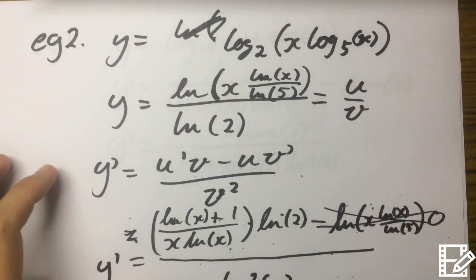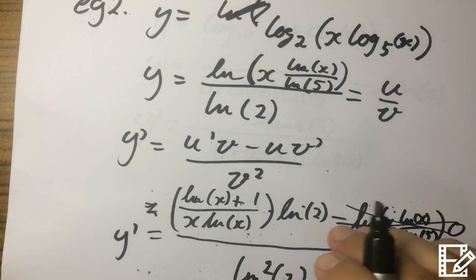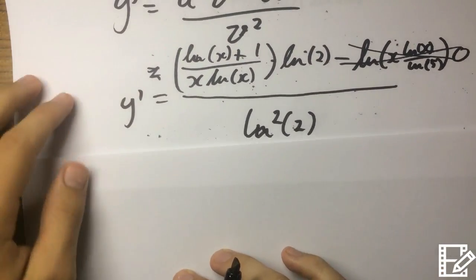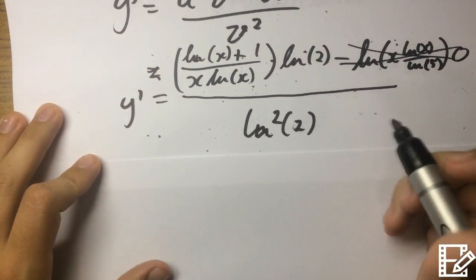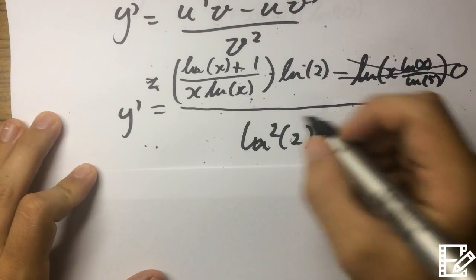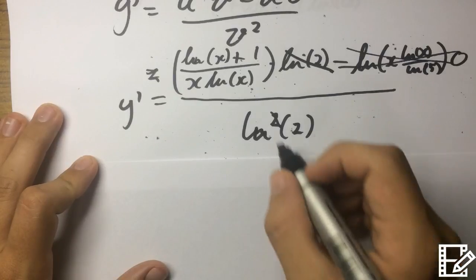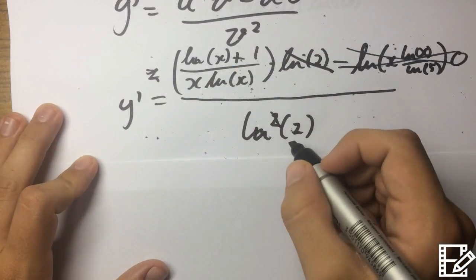Okay, so what we're going to do here, we are going to cancel out one of these, cancel out that on the top. Now we're going to have a fraction above another fraction.